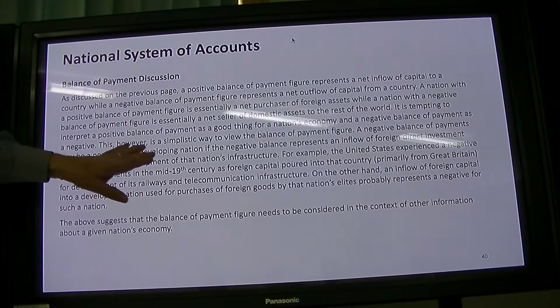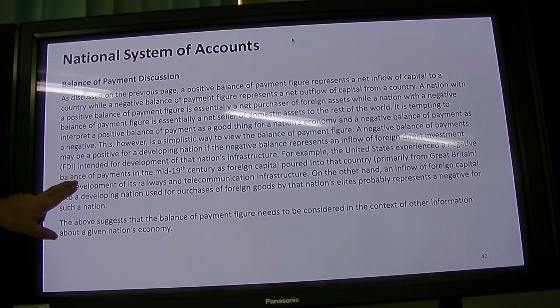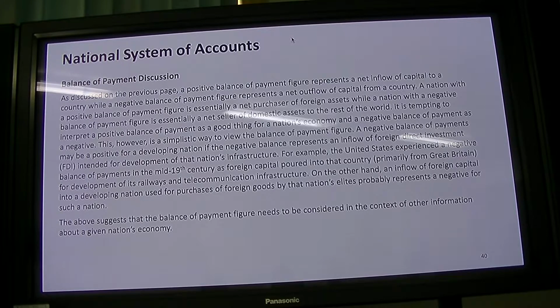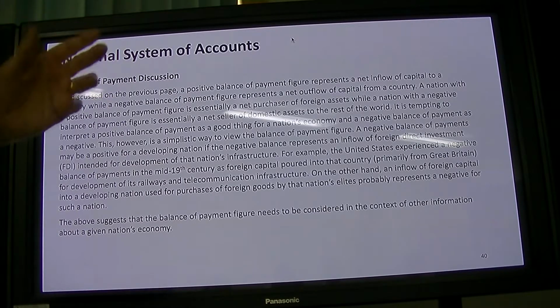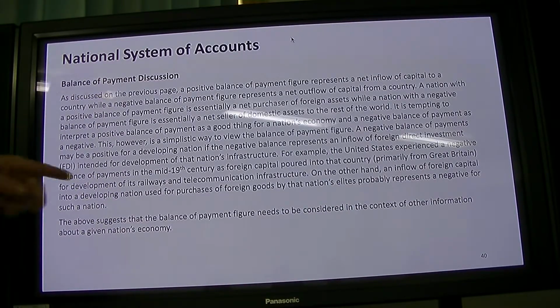A great example of that was the development of the United States, which had large negative balance of payments flows in the 19th century. But that was because it was a growing country. The economy was growing. It had tremendous need for investment capital, and that came particularly from Great Britain.